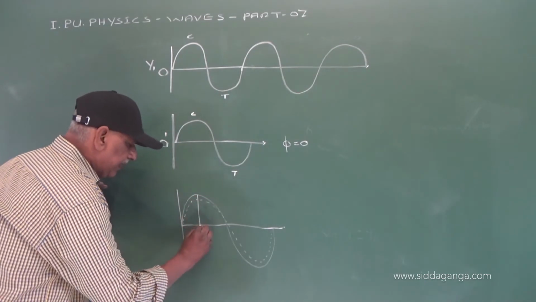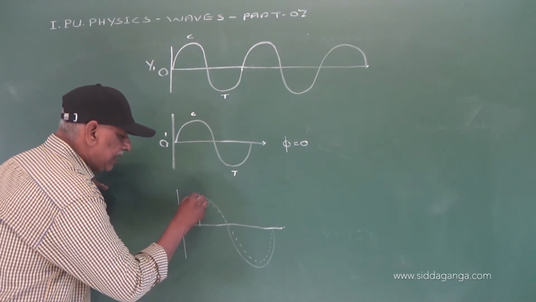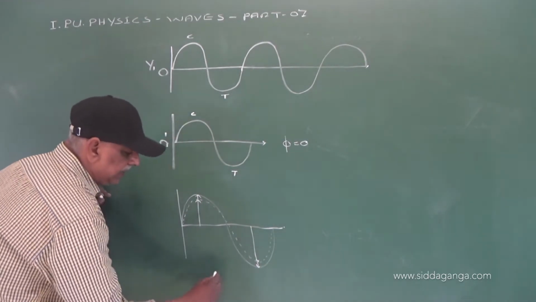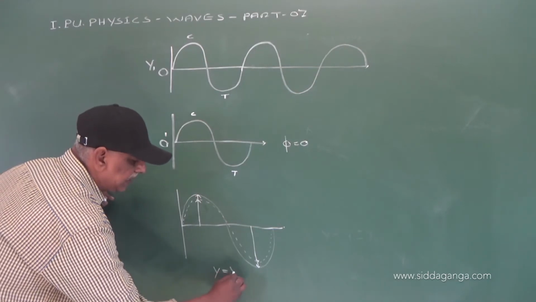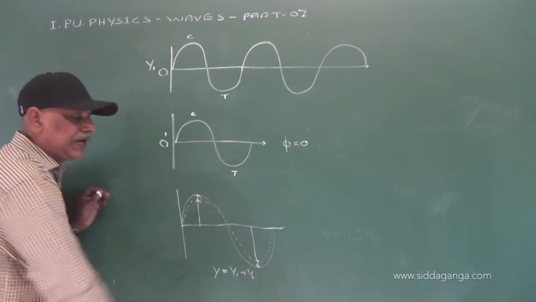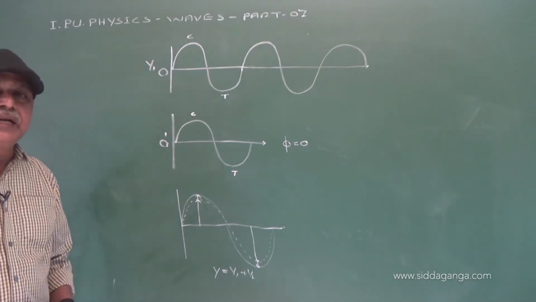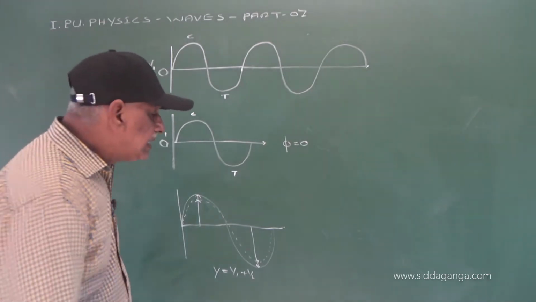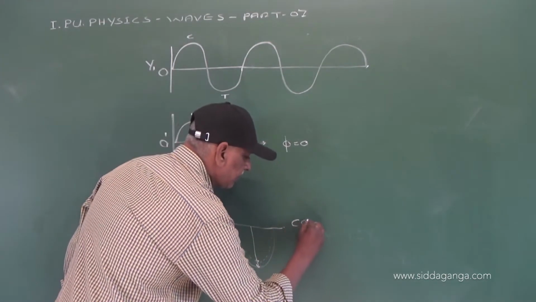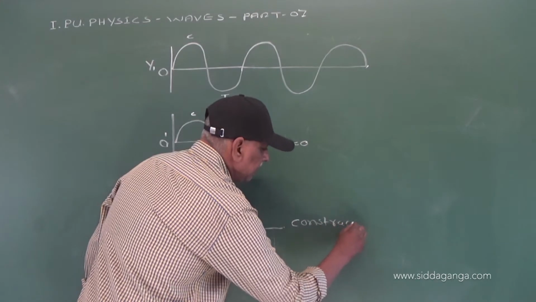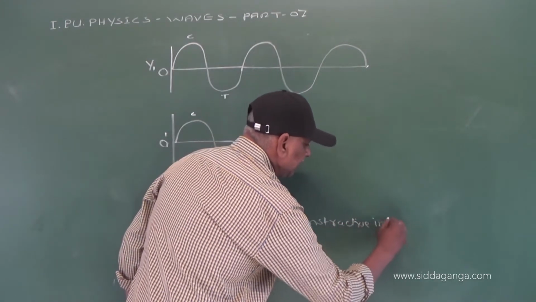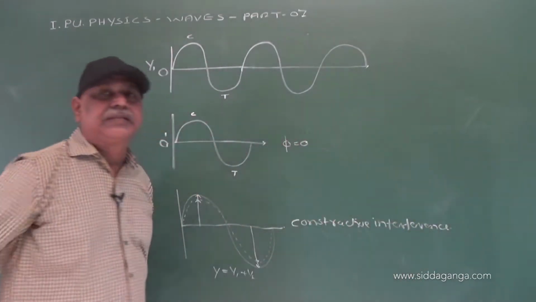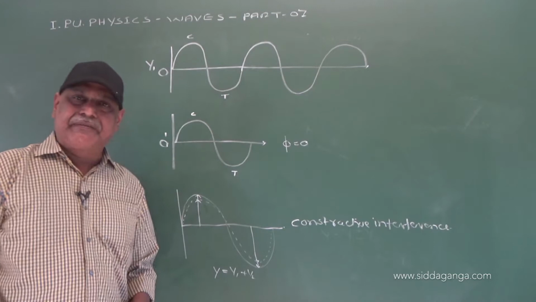So here the direction of displacement is the same in both cases, and the resultant displacement y is equal to y1 plus y2. Now we say that the two waves are interfered constructively, and this is called constructive interference.